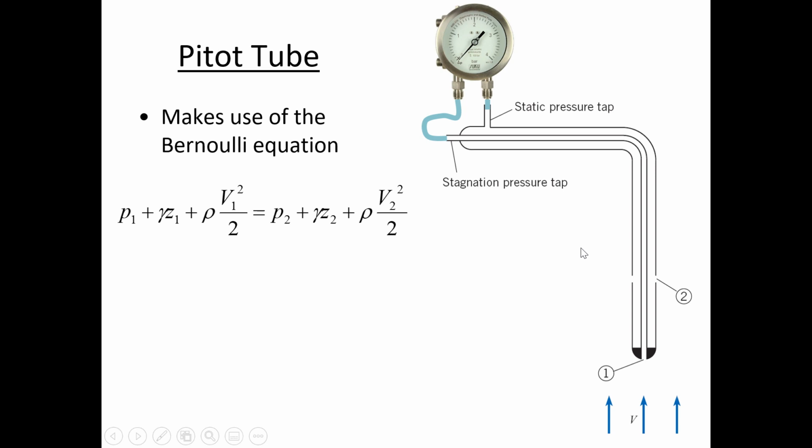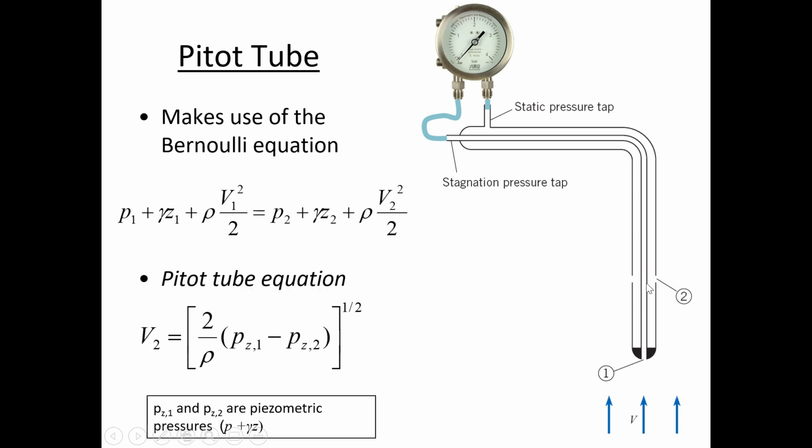So if we think about this in terms of the Bernoulli equation, here at location 1, the fluid doesn't have any velocity, but it has more pressure. And at location 2, it continues to have its velocity. If you rearrange the pitot tube equation, what you'll find is that, of course, velocity at 1 is 0, so that cancels out.